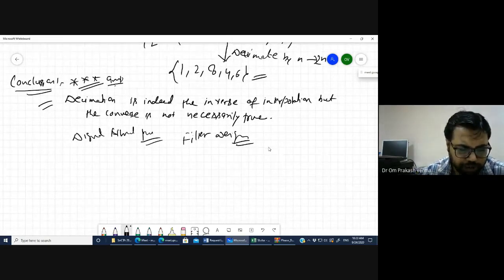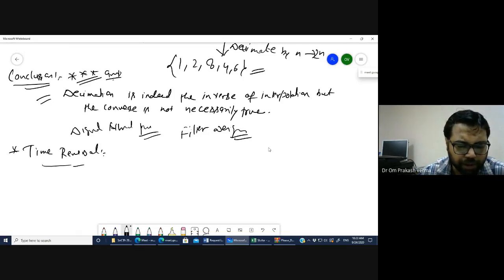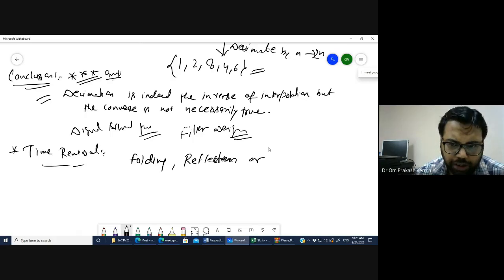Next is the time reversal property, and there is no problem in the time reversal. You have already studied it in the continuous time signal. Just take the mirror image from left to right and right to left. This operation is known as folding, or you can say reflection, or simply the time reversal. We have already seen this, so I'm not going into the detail.